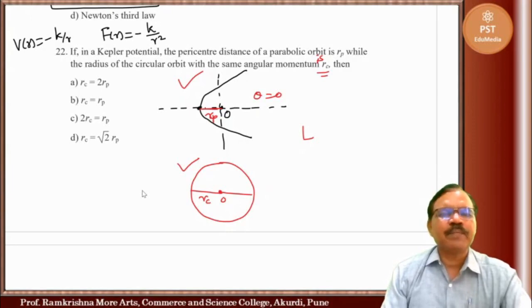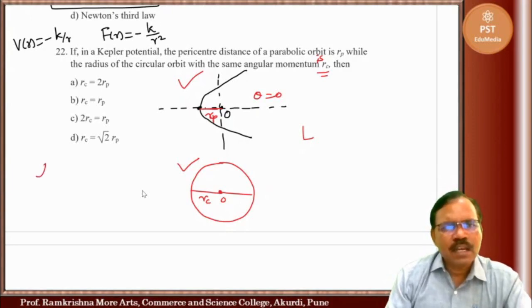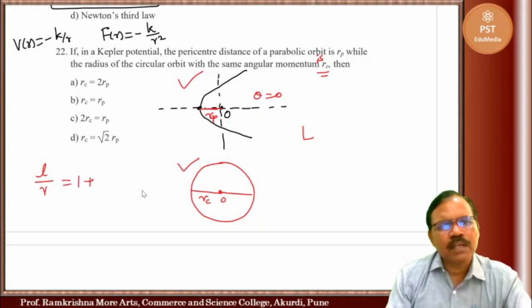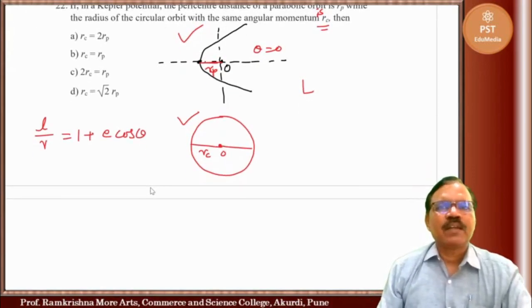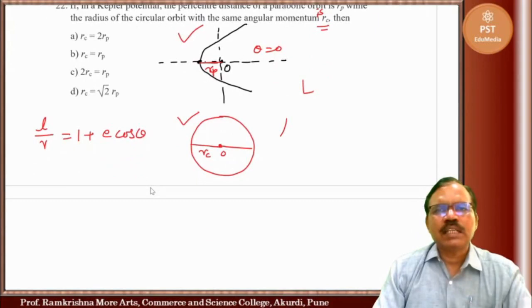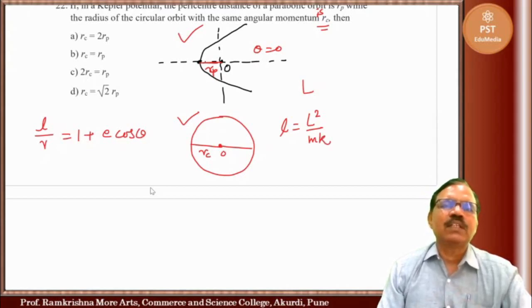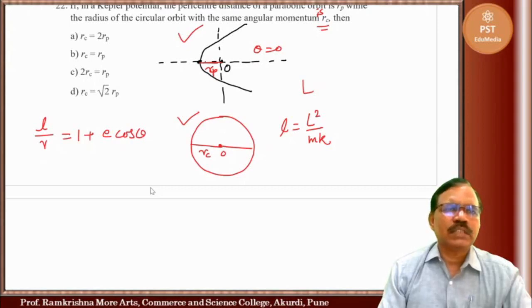Now here l upon r is equal to 1 plus e cos theta. This is the equation for the orbit. Now we know l is what? The semi-latus rectum. It is L square upon mk. Now L is the same for both the orbits, so here small l is also the same.